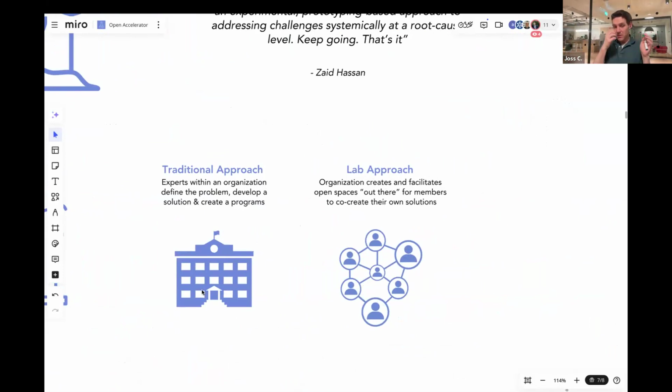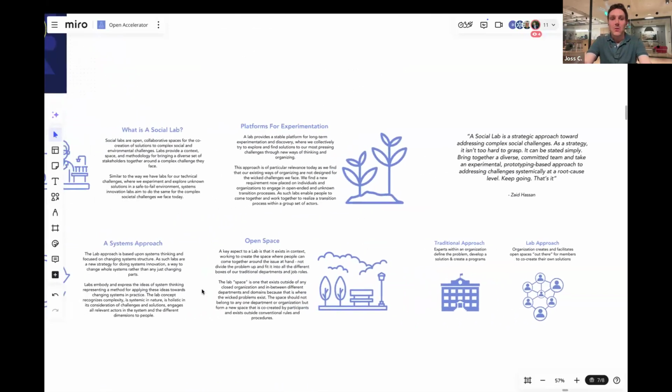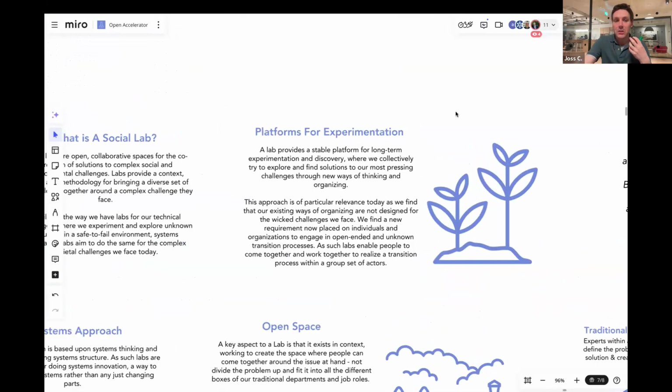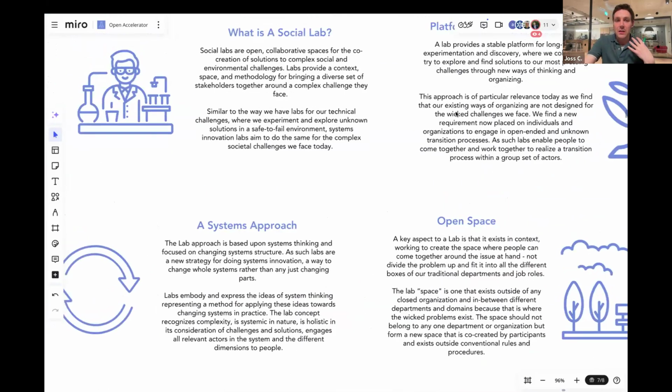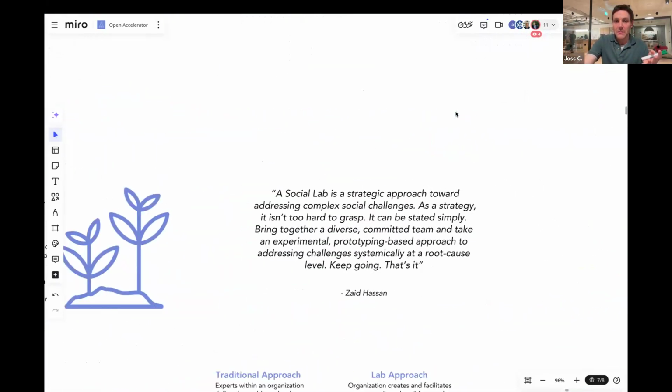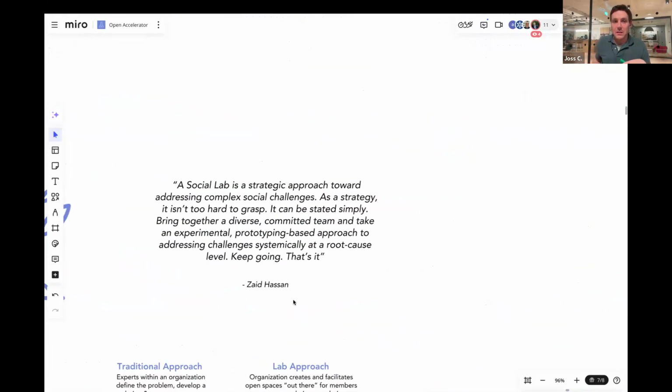Often in our organizations, we chop problems up and we separate them out and we do our bit at our desk in our organization, and we're trying to get out there together around that challenge in situ, where it is. And you can call those living labs, or whatever you may call them, but labs are essentially platforms for experimentation around societal, complex social or environmental challenges. This is Zaid Hassan, who wrote the book on it.